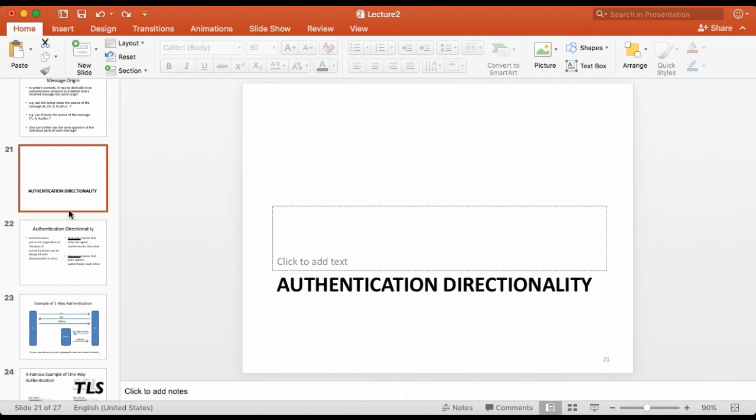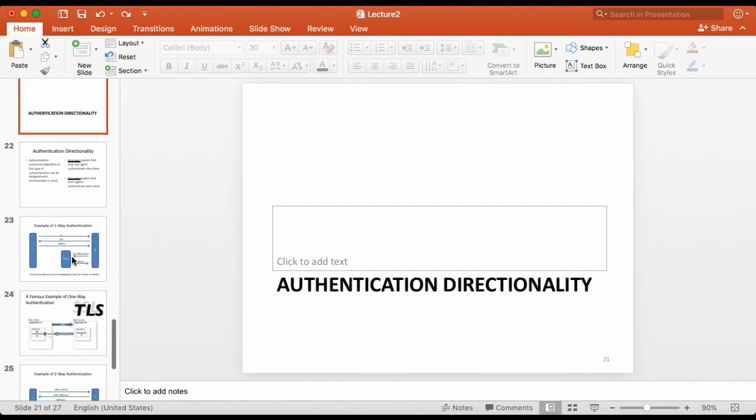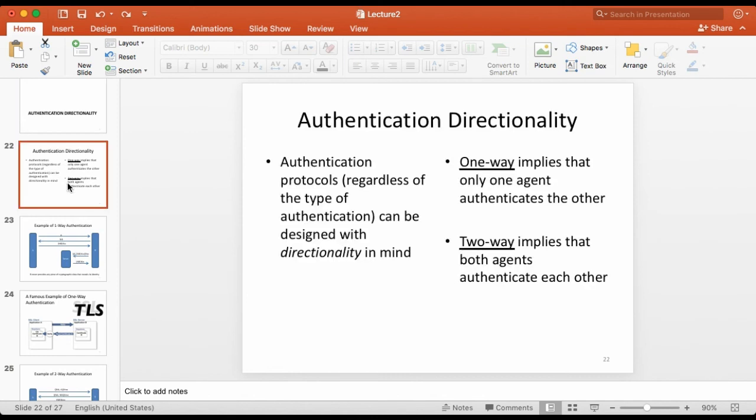Now we move to another concept, which is authentication directionality. If you noticed, sometimes we said that Bob is sure of the authenticity of Alice, or is sure about certain properties about Alice's identity, and in that case, we didn't say that the other way around was true.